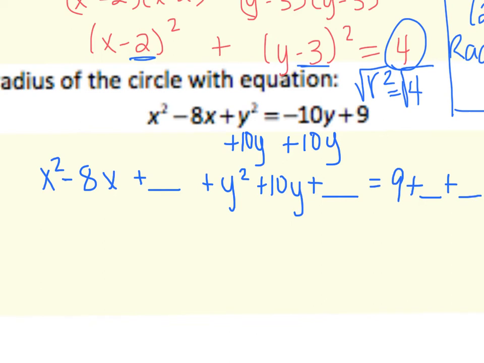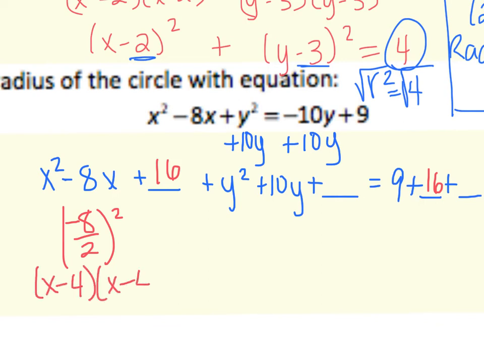I take that middle term, divide it by 2, and square it. This is going to be 16, so I add it here and here. That's because I can write it as one single term squared.